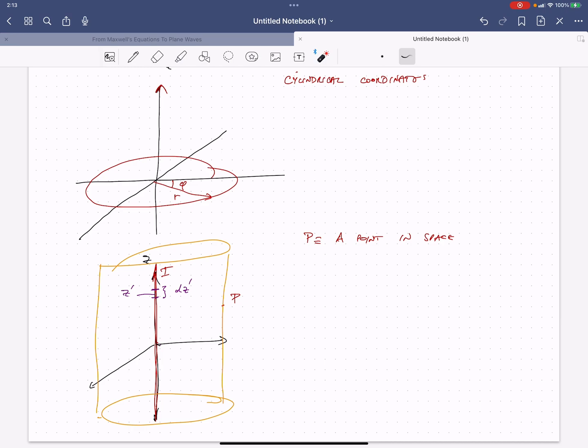They have the same amount of current above them as below them, because the current goes from minus infinity to plus infinity. And if there's another point P here on the same cylinder, at the same distance, it's going to feel the same magnetic field.